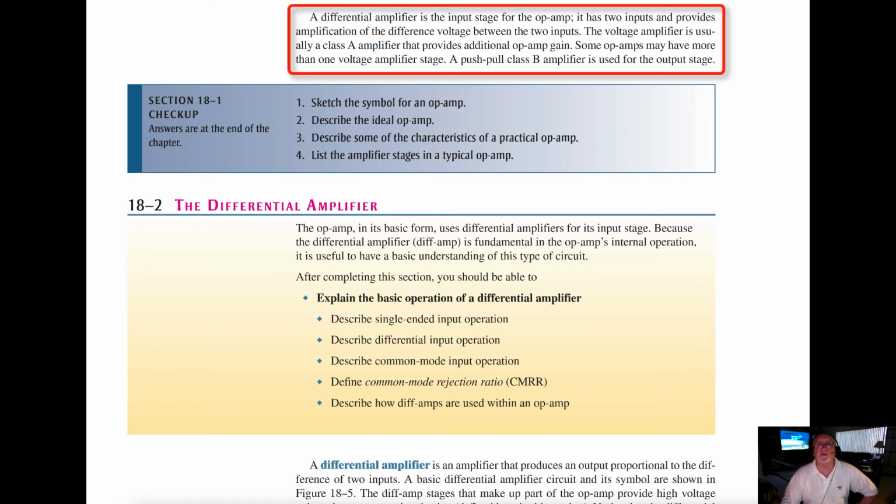It has two inputs and provides amplification of the difference voltage between the two inputs. The voltage amplifier is usually a Class A amplifier that provides additional op amp gain. Some op amps may have more than one voltage amplifier. A push-pull Class B amplifier is used for the output stage.